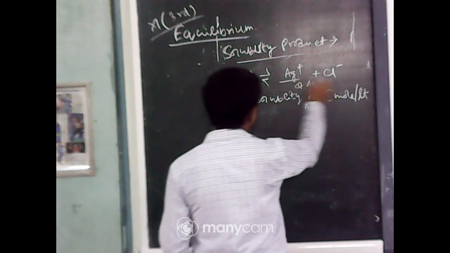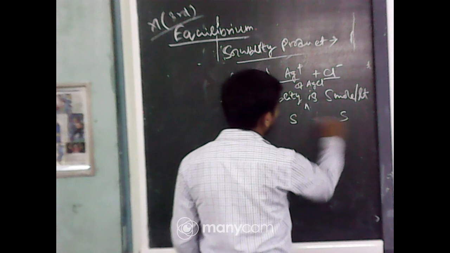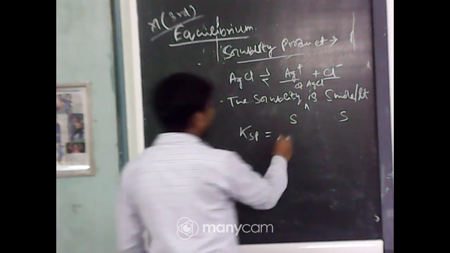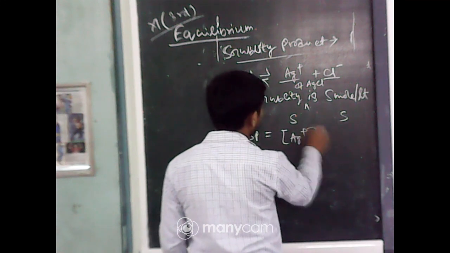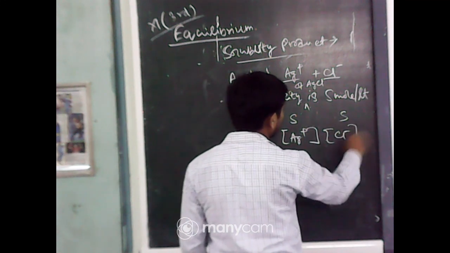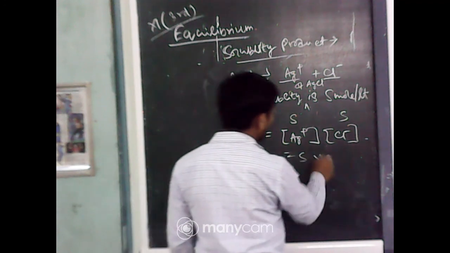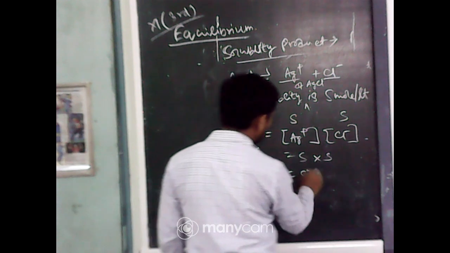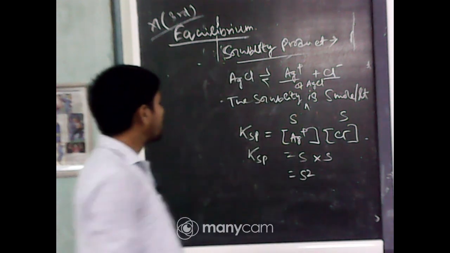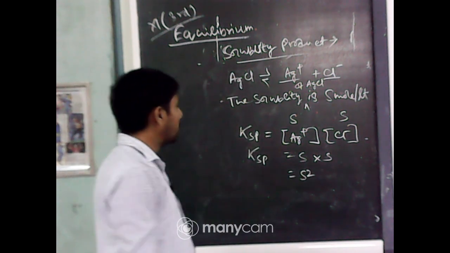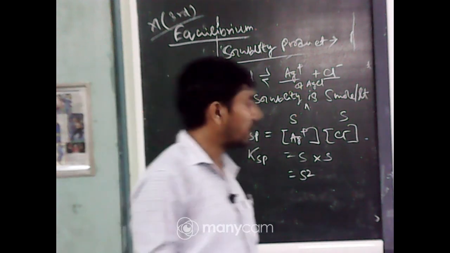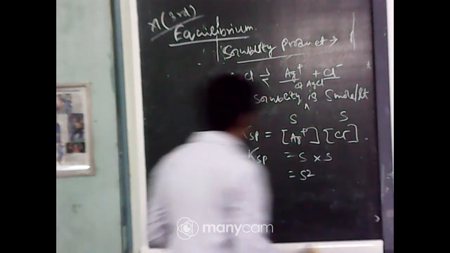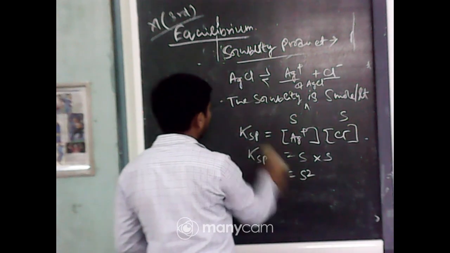So, the concentration is S and here also S. Ksp is equal to the concentration of Ag plus into the concentration of Cl minus, that is S into S, so Ksp equals S square. So, it is the relation between solubility and solubility product for AgCl. Clear?